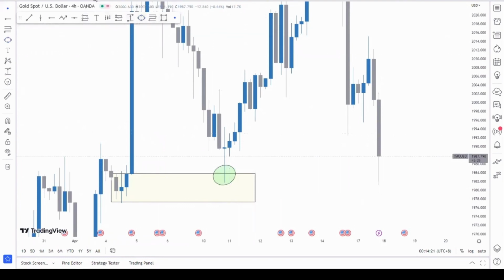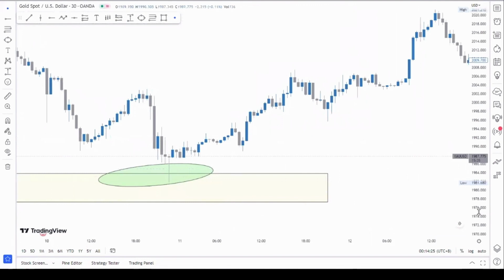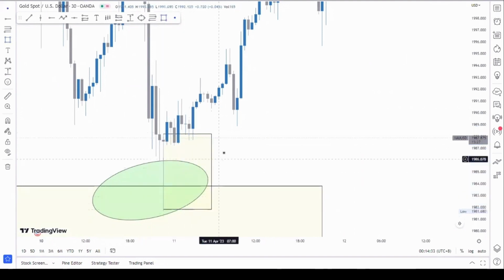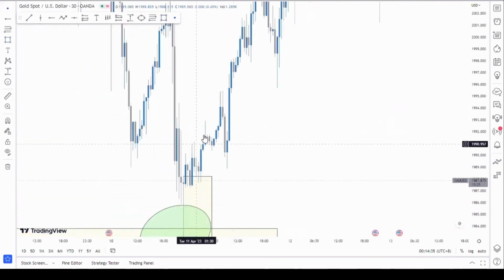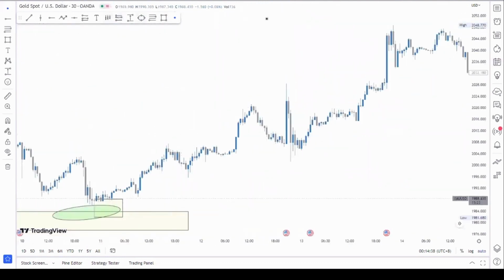If you can see here, there is an engulfing buy, which tells us that the price is going to respect the zone, right? Yes. But there is no EF. Wait, I'm going to look for the price that has EF.